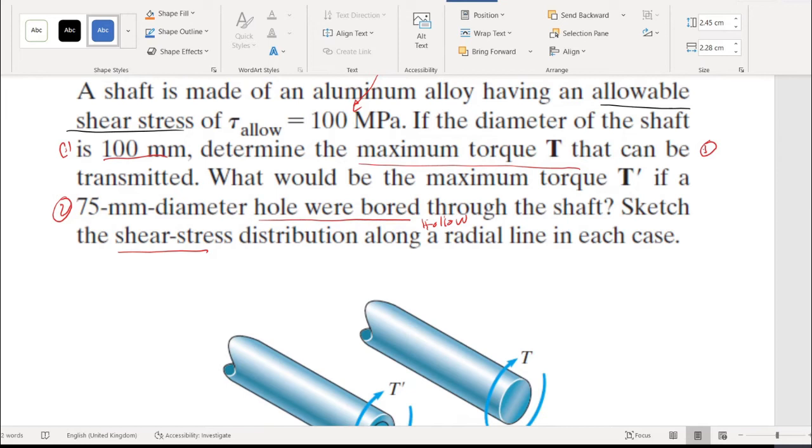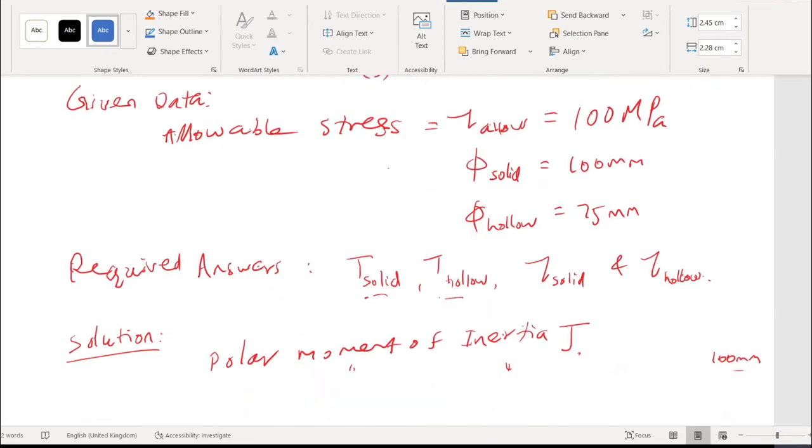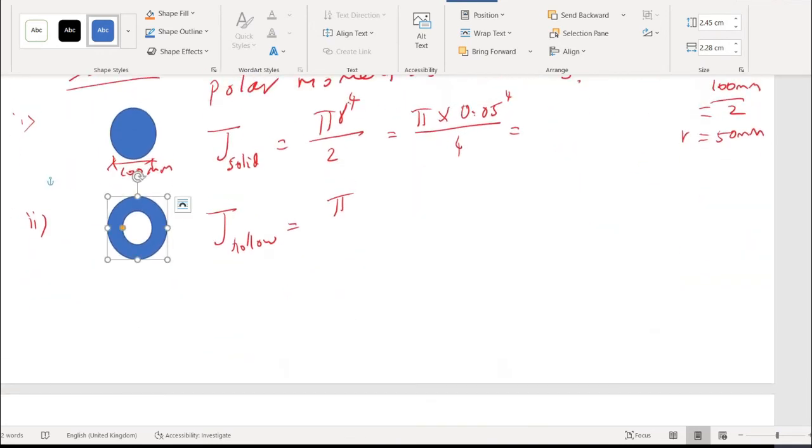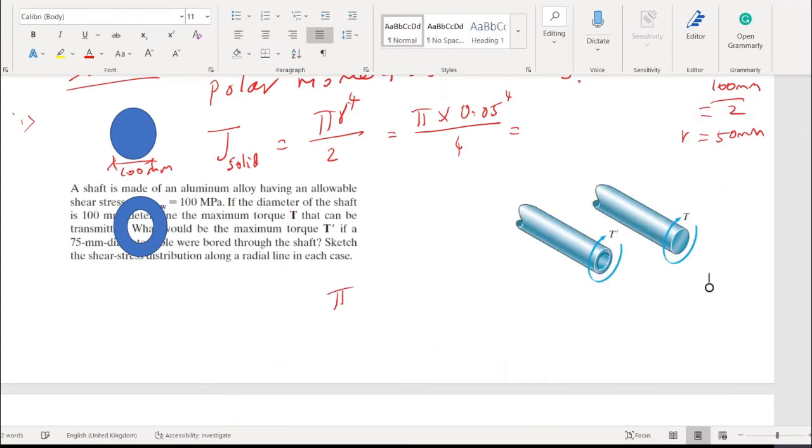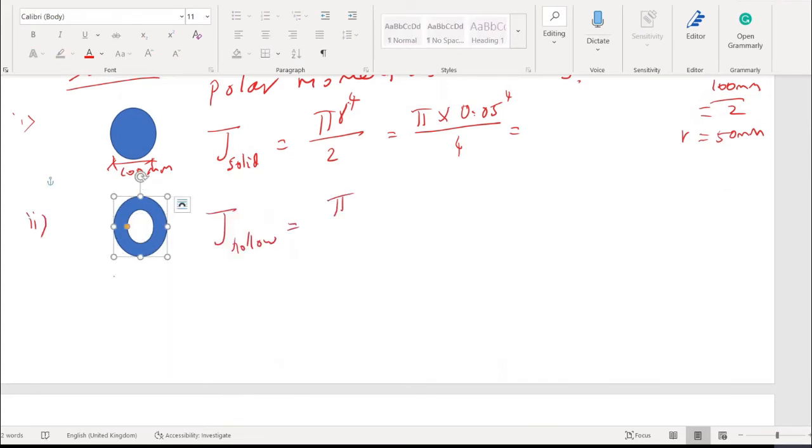Is the question correct? The original is 100, a 75 mm hole is made out, the rest will be 25. So the total is 100, the original one; keep the same size, otherwise you get confused. The material of 75 mm is removed.